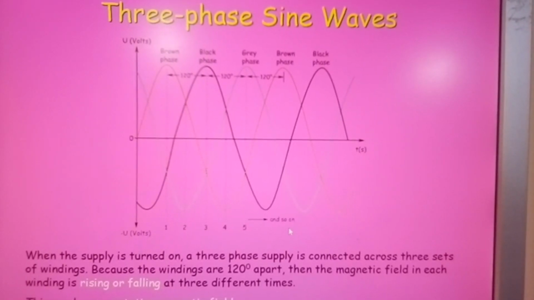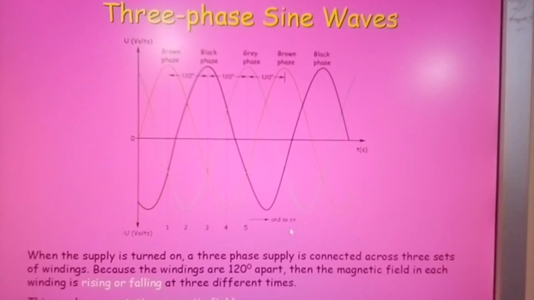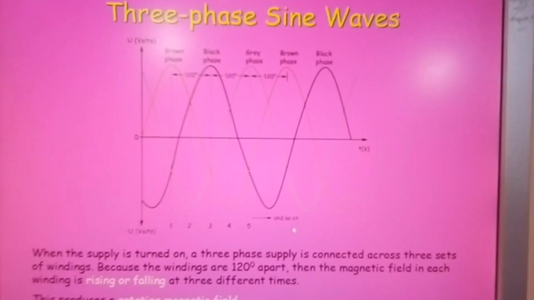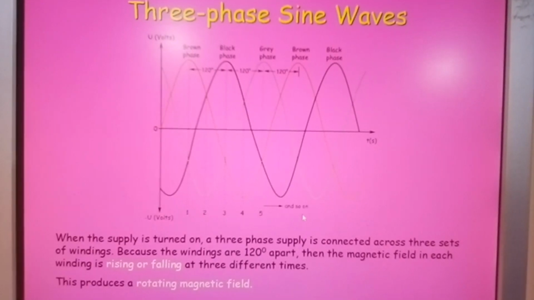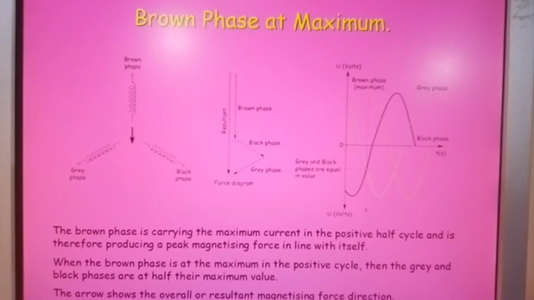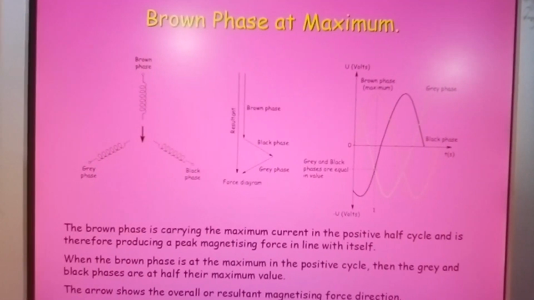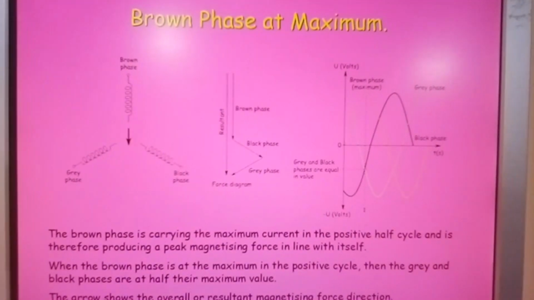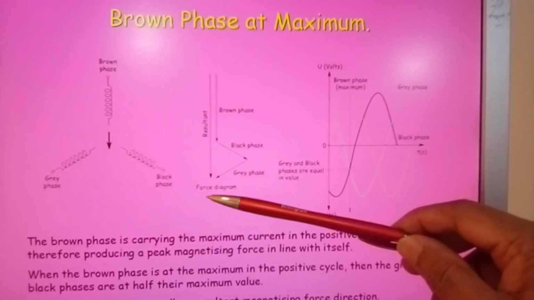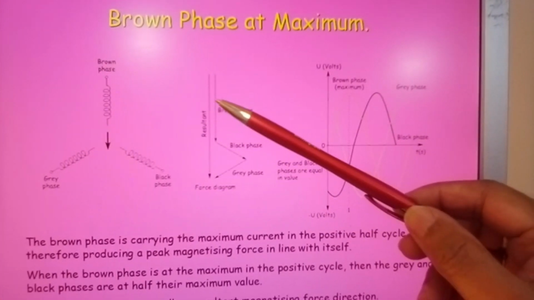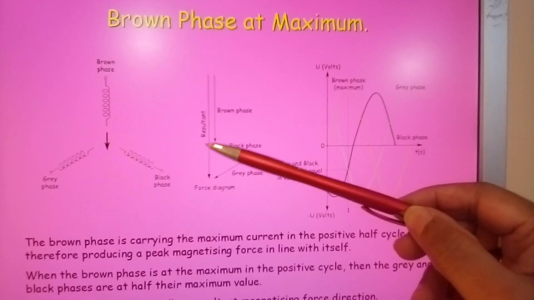Draw these diagrams out. It doesn't have to be to scale, as long as you understand the concept. And I've already shown you how to do the calculations for drawing these diagrams in one of the principles videos in the playlist. What I'll be showing you now is the resultant force which is exerted within the motor in regards to the magnetic field.